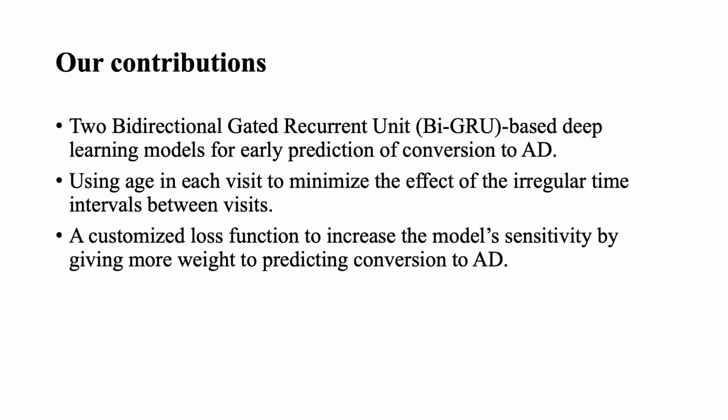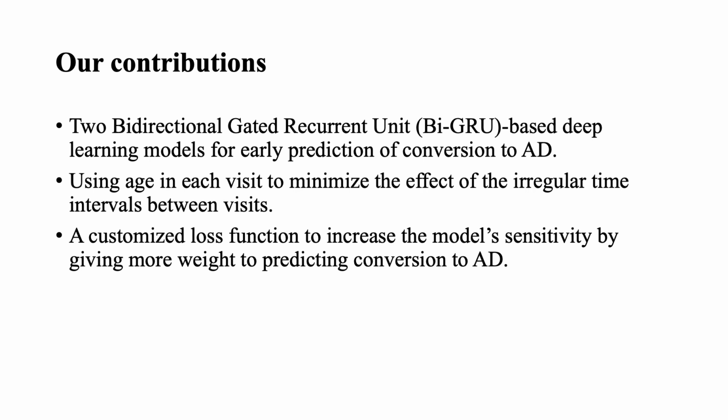To address the previous problems, our contributions were as follows. For early prediction of conversion of Alzheimer's disease, we have designed two bidirectional gated recurrent unit-based deep learning models. The first one predicts conversion of Alzheimer's disease at the next visit only, while the second predicts conversion of Alzheimer's disease at multiple visits ahead.